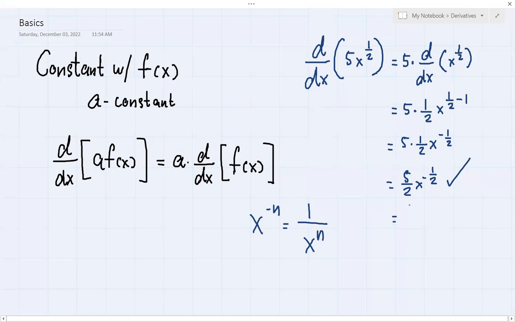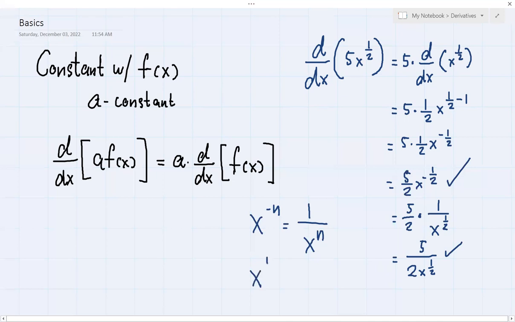So magiging 5 all over 2 times 1 all over x raised to 1 half. So i-multiply natin itong dalawa, we will have 5 all over 2 times x raised to 1 half. So tama to. Okay?